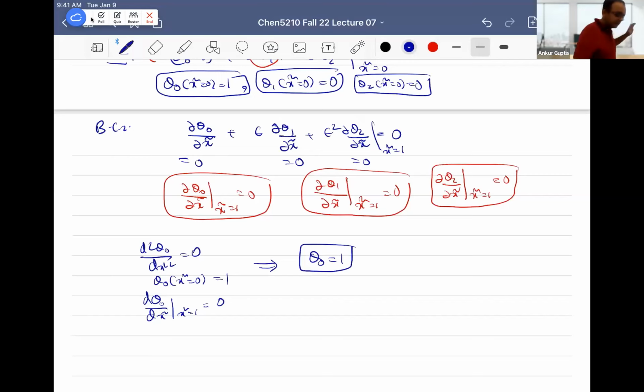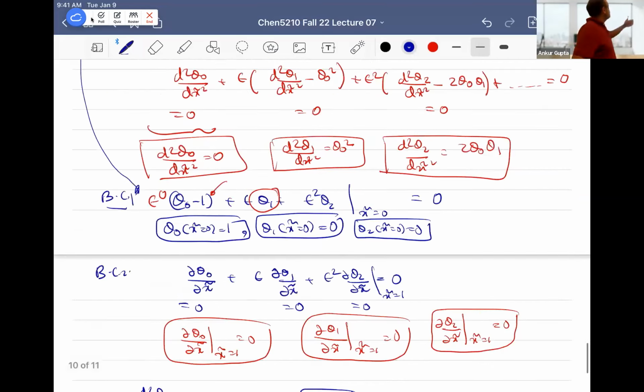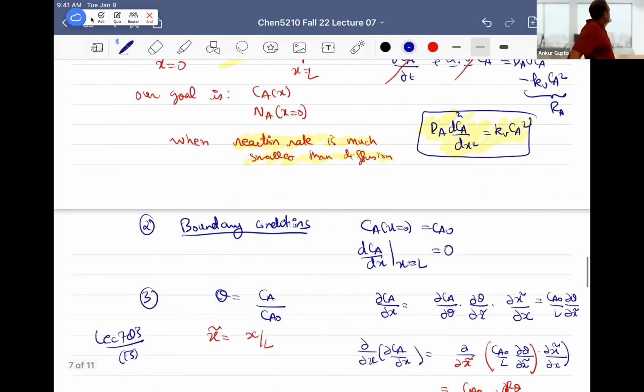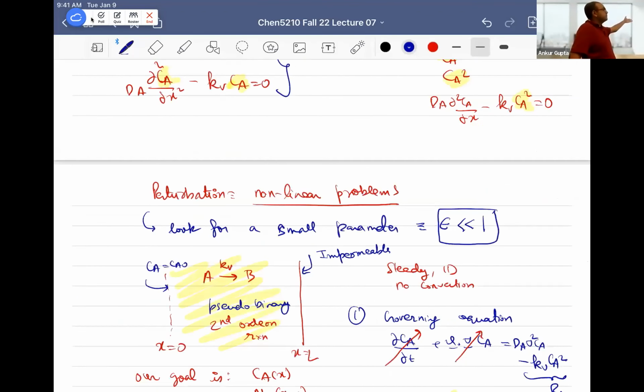Saradipa is actually absolutely right. We are expanding as theta naught plus epsilon theta 1 plus epsilon square theta 2. So when epsilon is exactly 0, I will get the result to be theta naught. And when epsilon is exactly 0, my Damköhler number is exactly 0. That means there is no reaction. And so if there is no reaction, the concentration is CA naught, and I cannot have any flux. So I'll just get a constant value.